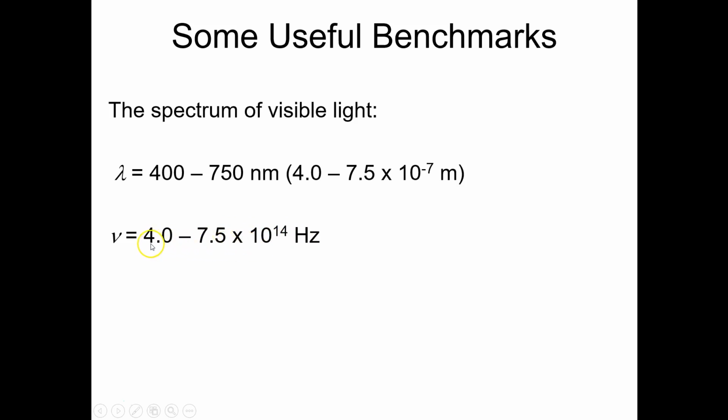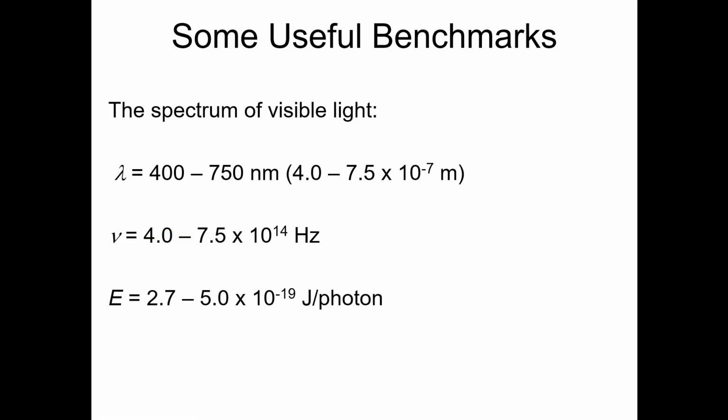Because if you multiply 4 reciprocal seconds times 7.5 times 10 to the negative 7th meters, you get 3 times 10 to the 8th meters per second, which is the speed of light. And similarly, 4 times 10 to the minus 7th meters times 7.5 times 10 to the 14th reciprocal seconds also gives you 3 times 10 to the 8th meters per second. So that is the frequency range of visible light.